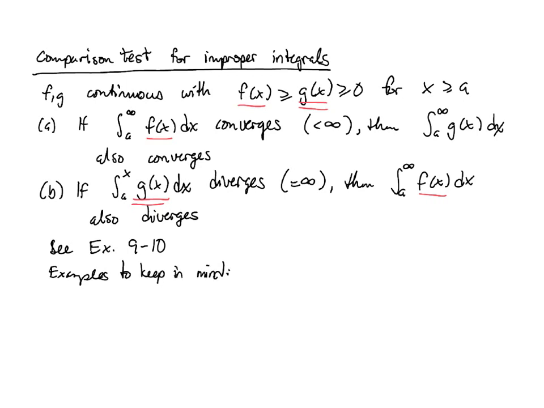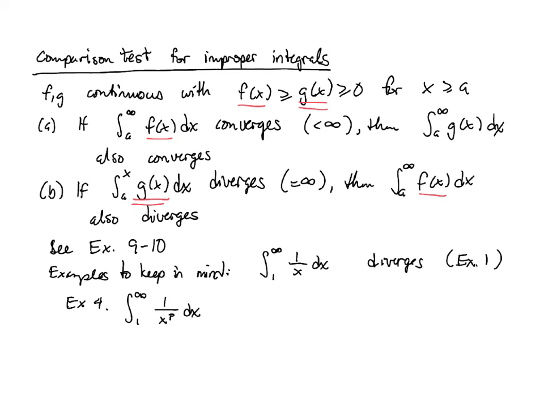So the examples to keep in mind are that the integral from 1 to infinity of 1 over x dx diverges, and this is example number 1 in the book. Example number 4 in the book talks about the integral from 1 to infinity of anything of the form 1 over x to the p dx.